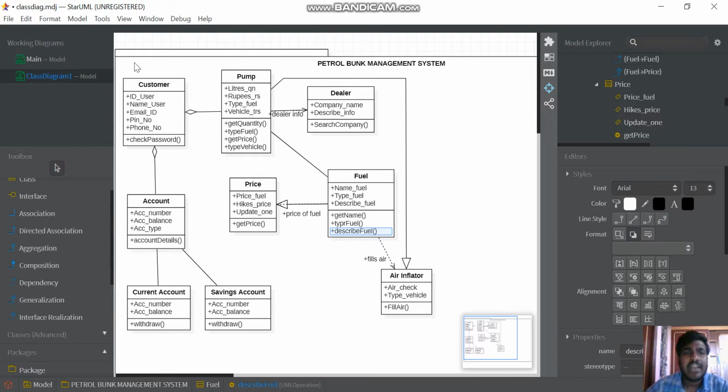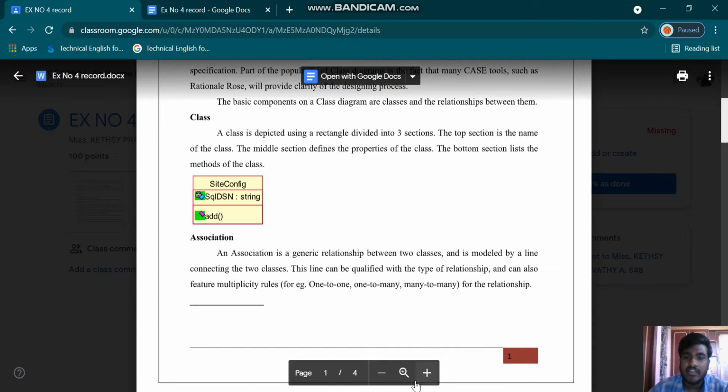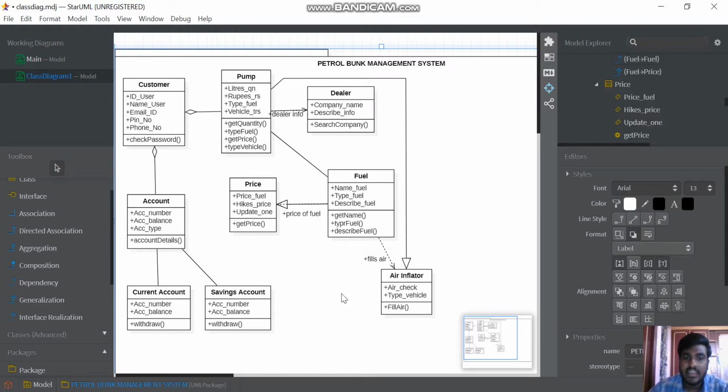So this is the class diagram which shows the attributes, functions, and class names in the system software, that is, the application of a petrol bunk management system. So these are the concepts in a class diagram. Class: we saw that this is the class heading.